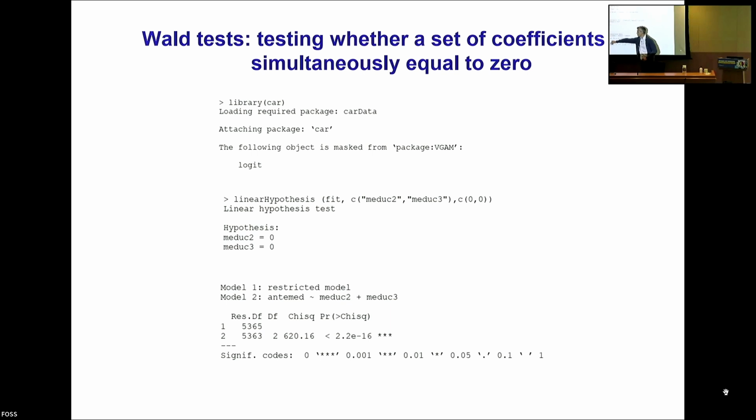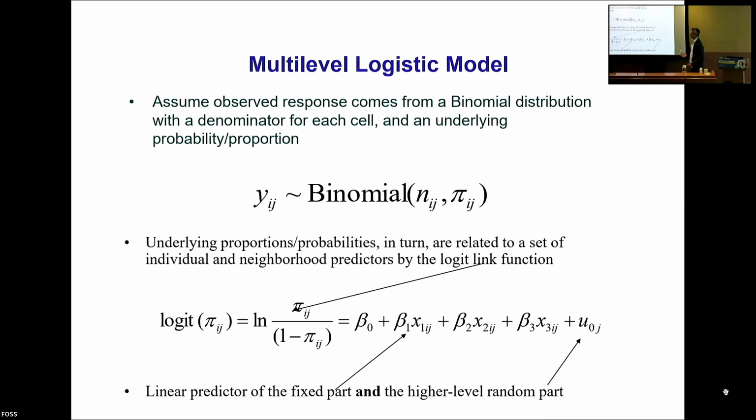On 2 degrees of freedom, we're using up 2 variables. The p-value is very, very small. So in this particular case, not only are the individual coefficients for education very unlikely to be 0, but it's very unlikely that both those coefficients are 0.